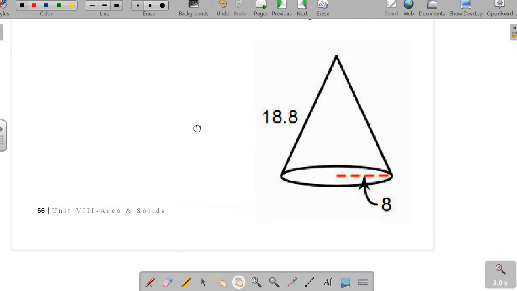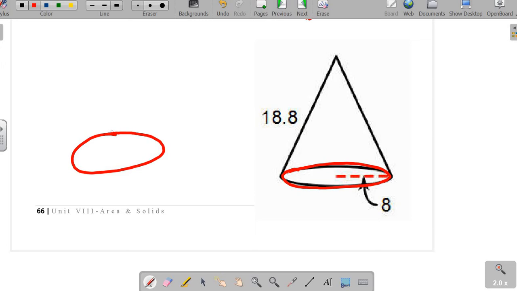Now, cones are a little bit harder to see. Okay, obviously we have a singular circular base. Now, this will be easier when I demonstrate it in class. But this, if you were to slice this cone down the edge and unfold it, what you're going to get is something that looks like this, attached.